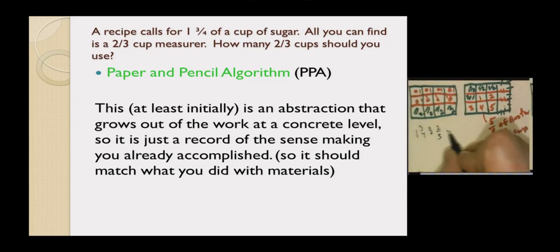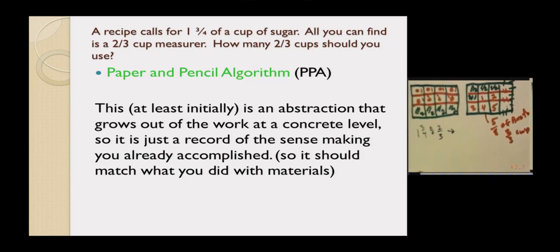And if we just look at what that becomes, well, the 1 3/4 here in the picture turned into units that had 12ths, and so it looks like we've got 12 12ths, and then 13, 14, 15, 16, 17, 18, 19, 20, 21, 21 fourths. So 1 3/4 is really 21 fourths.